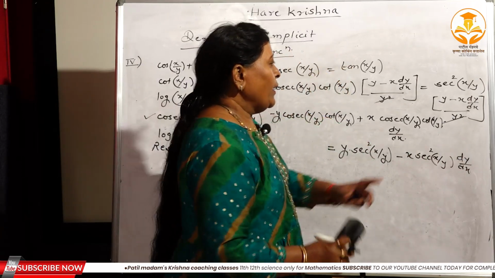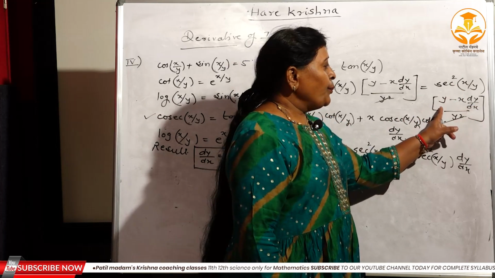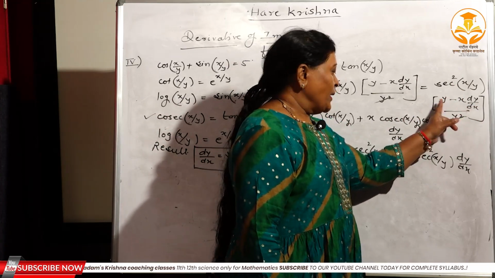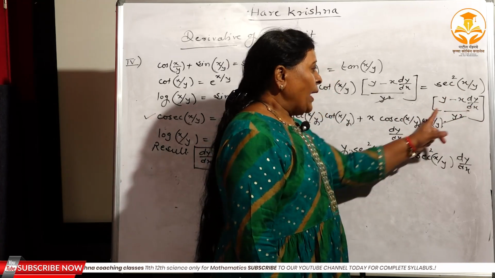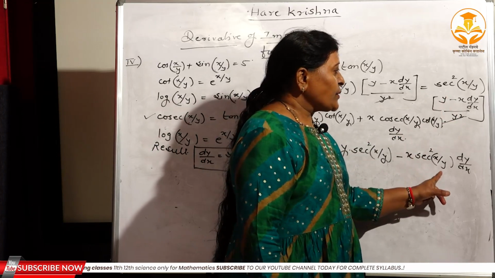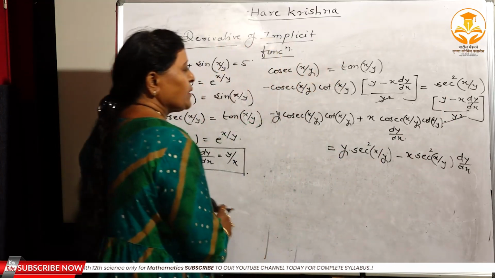Now when you multiply with sec square(x/y) to both terms of this bracket, that is y into sec square(x/y) and minus x into sec square(x/y) into dy/dx.